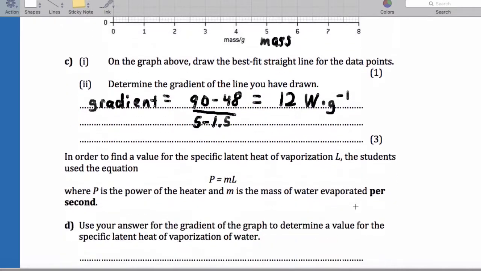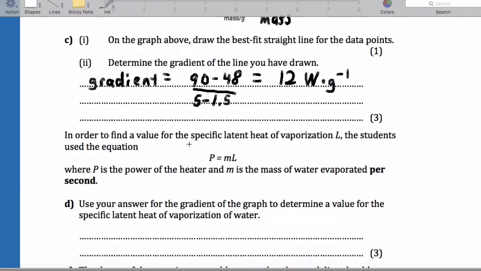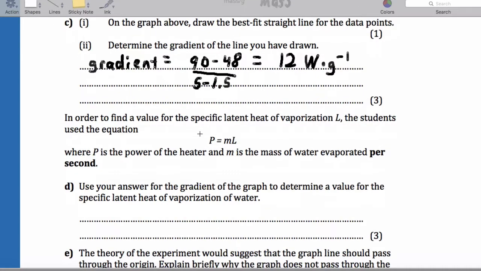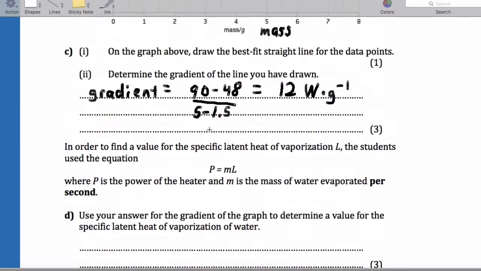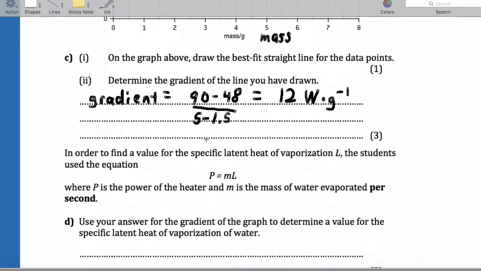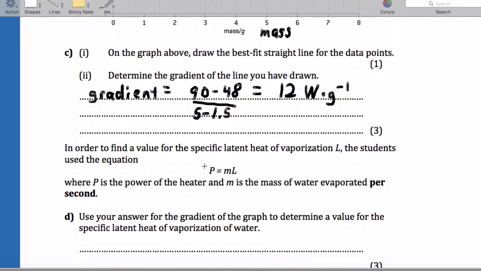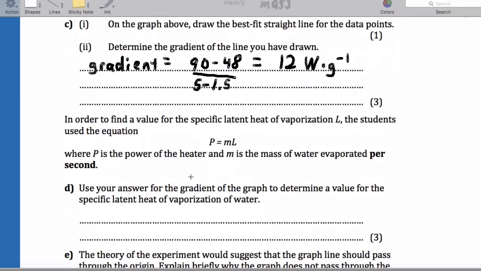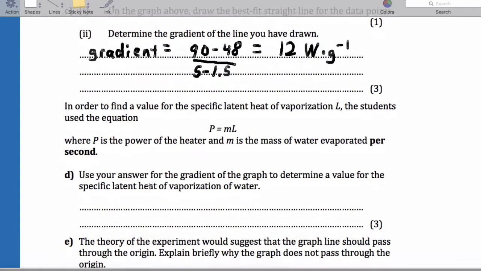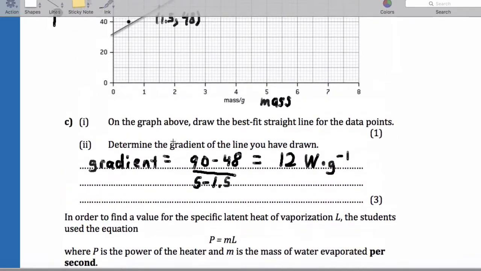Now, let's just be clear here. We know that the power P equals ml, and we'll need to use the gradient of the graph to determine a value for the specific latent heat of vaporization for the water.